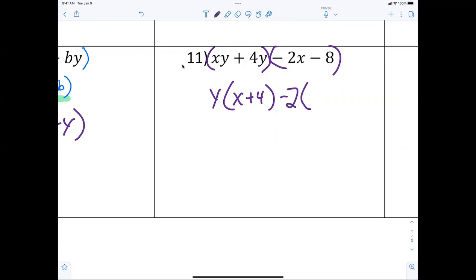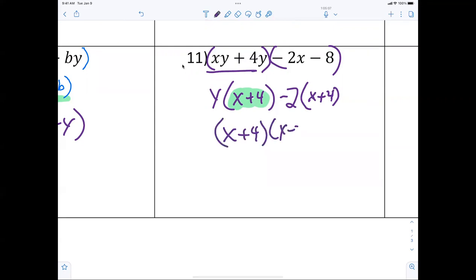And then you divide. Now, it's always going to be what? This over here. Always. X plus 4. If you know you're factoring by grouping, sometimes you don't really have to do much work. You just factor the first one and put the other one on the other side. X plus 4 times Y minus 2. Perfect.